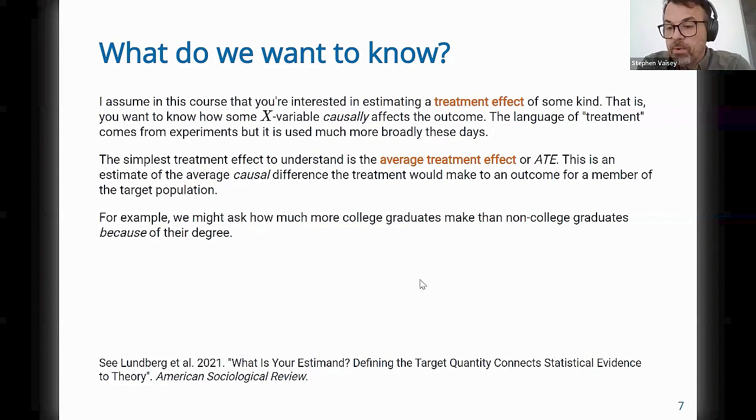And we took all the people that were not going to get one and we somehow assigned them to get one. What would the difference look like in that case? What if we could switch everybody's treatment status? Or to make it even simpler, what if we could take one person and just change their treatment status? On average, what would we expect the difference to be? This is the question of how much more college graduates make than non-college graduates because of their degree. And we can see this kind of language all the time.